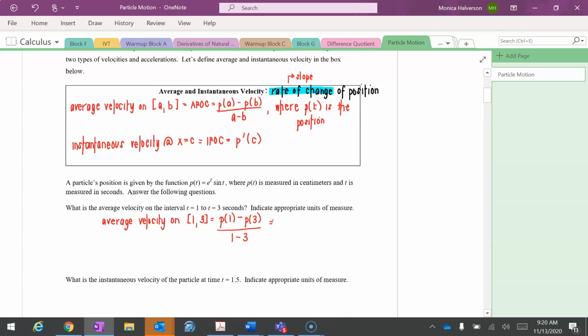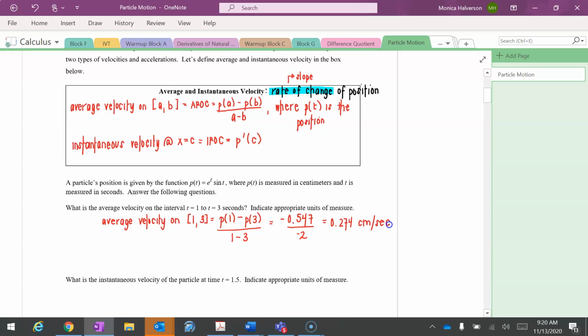For P of 1 minus P of 3, we're going to have to use our calculator here and get negative 0.47 divided by negative 2. So our average rate of change is 0.274 centimeters per second.